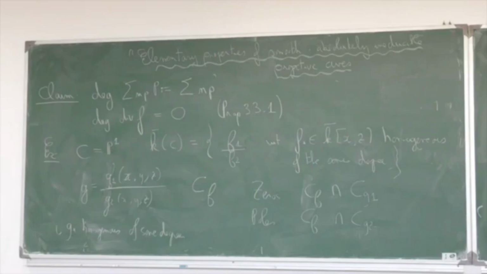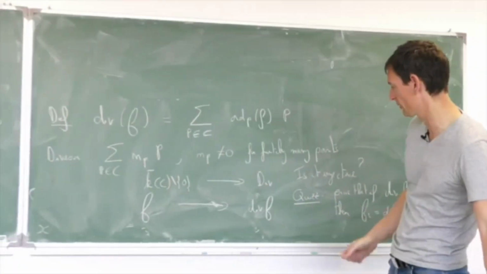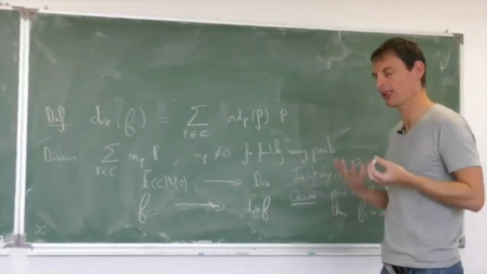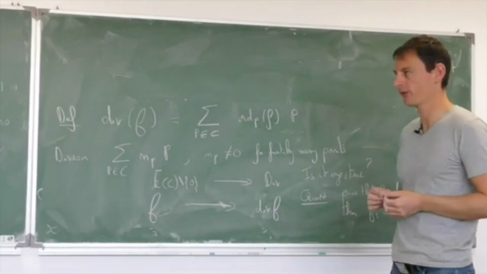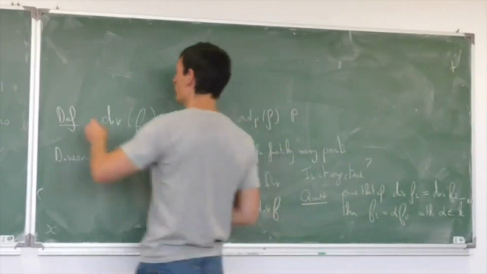All this to say that, yes, indeed, this map that was almost injective is certainly not surjective. But then you could say, okay, I can't obtain all kinds of divisors, but maybe I can obtain all the divisors of degree 0.